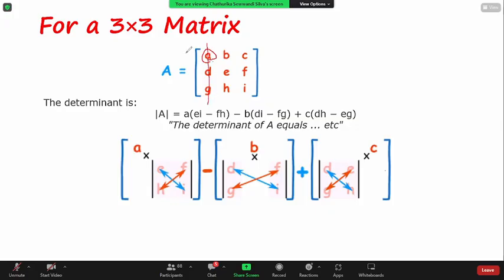When we cut through the column and the row, this is what is left. Then A times the determinant of this one. You need to get the determinant of this one: E times I minus H times F.